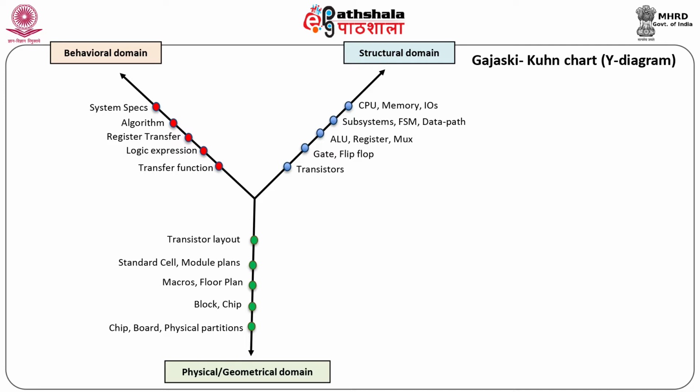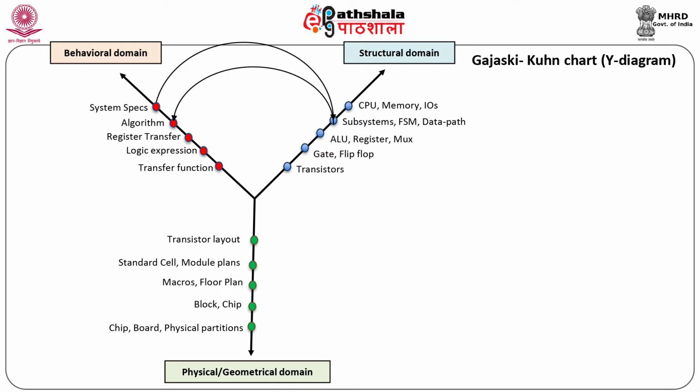This is pursued by three domains of behavior, structure and physical layout that goes top down towards the more detailed abstraction levels. The designer can select one of the perspectives and then switch from one view to another. The design process may not follow the specific sequence in Y chart.